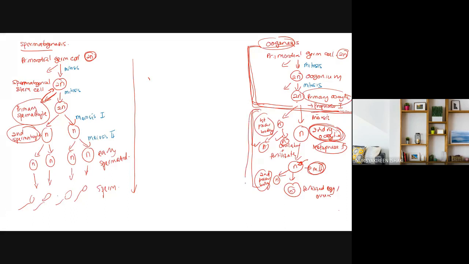Tapi ini every month, okay, during ovulation, for oogenesis. So for each oogenesis and spermatogenesis, you have to know what happened at each stage ni kan, and the ploidy level of each cell at each stage.